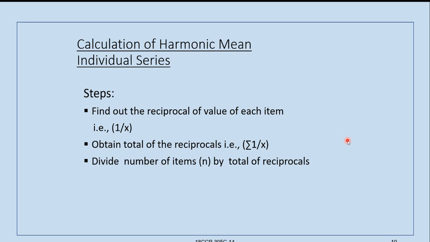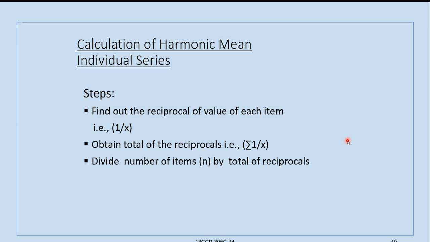Then divide the number of items by the total of reciprocals. That means if the number of items in the X series is 6, then reciprocals of X are taken and added.